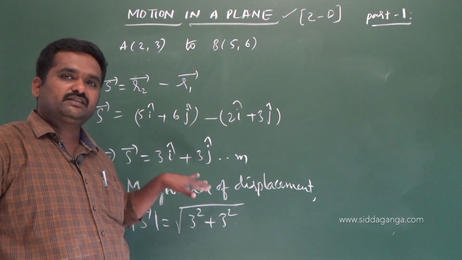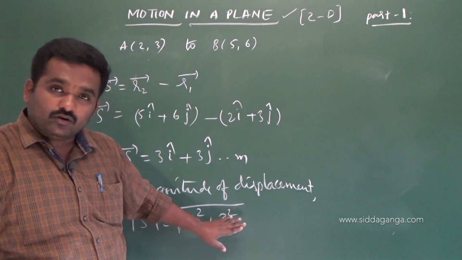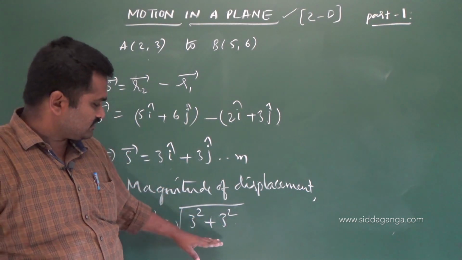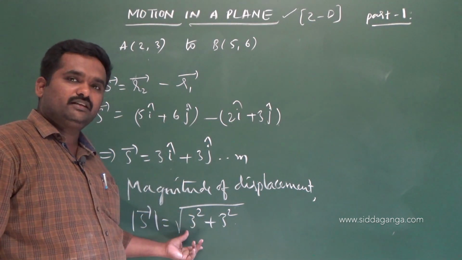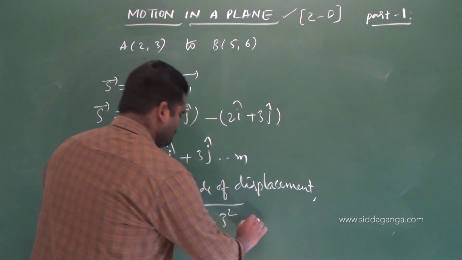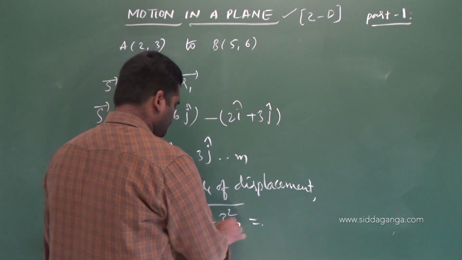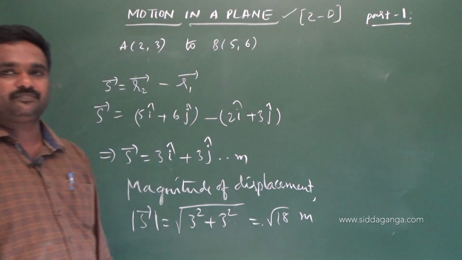I cap and j cap angle is how much? 90. That's why cos 90 will be 0. I hope you are all thorough with that already. So that's why directly I have written. If two vectors are perpendicular, then the resultant will be root of a square plus b square. Likewise we are going to mention. So 9 plus 9, how much is it? Root 18 meters, or whatever it is, we are going to write like this.